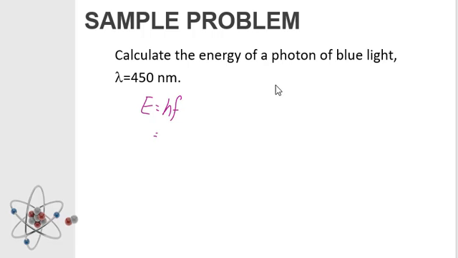So our frequency is just c over lambda, so we have energy equals hc over lambda. So our h, or the Planck's constant, we'll use 6.63 times 10 to negative 34 joule seconds.